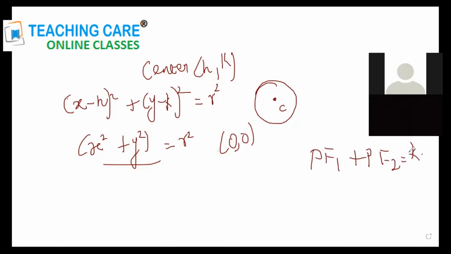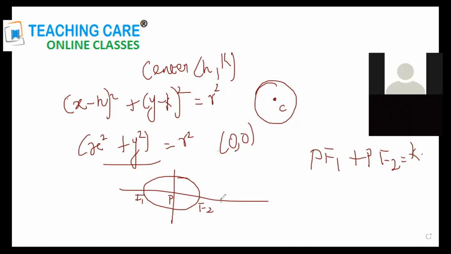The foci are the fixed points you have in your ellipse. Suppose this is my point, so this will be F1 and this will be F2. Now, the equation of the ellipse.